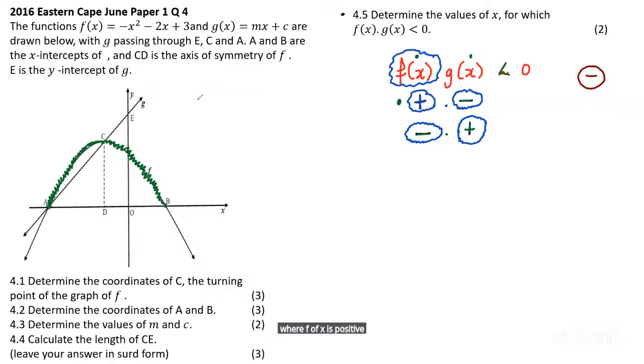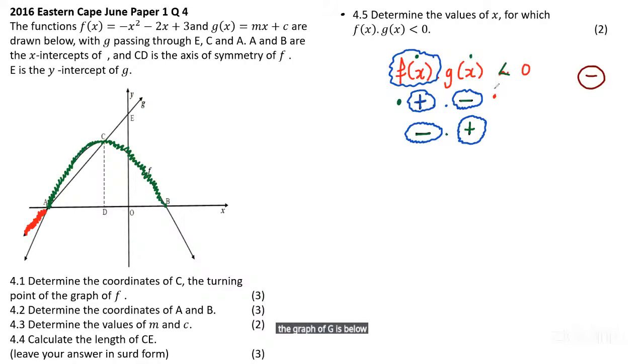Now I want g of x as negative. Negative g of x means the graph is below. So for the first scenario, I want a circumstance where the graph of f is above and the graph of g is below.